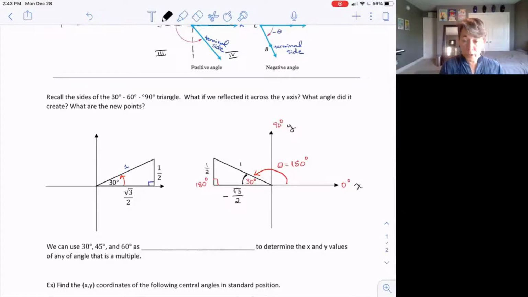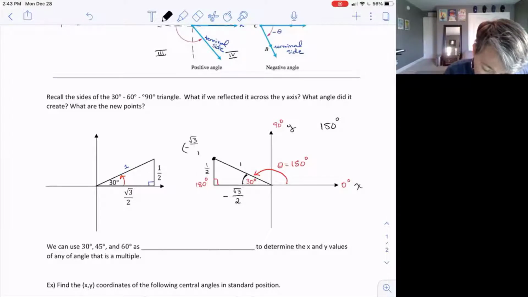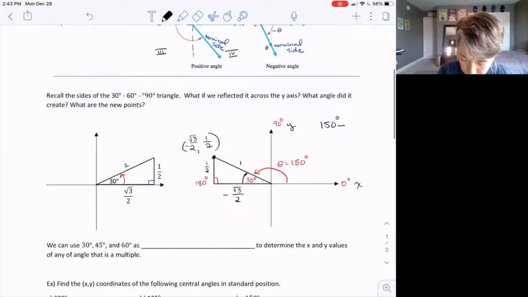So if we were going to try to find the coordinate point right there of 150 degrees, we would have an x value of a negative rad 3 over 2 and a y value of a positive 1/2. Negative rad 3 over 2 and a positive 1/2.